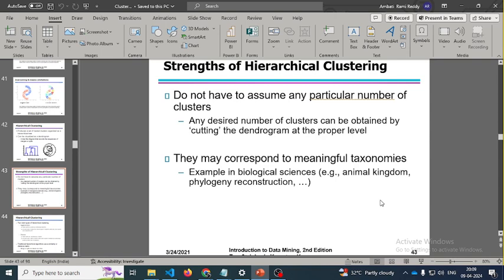In which applications are you going to use this kind of clustering? Whenever you have biological sciences, or the animal kingdom, or any taxonomy or hierarchical things, hierarchical clustering will be the best choice.